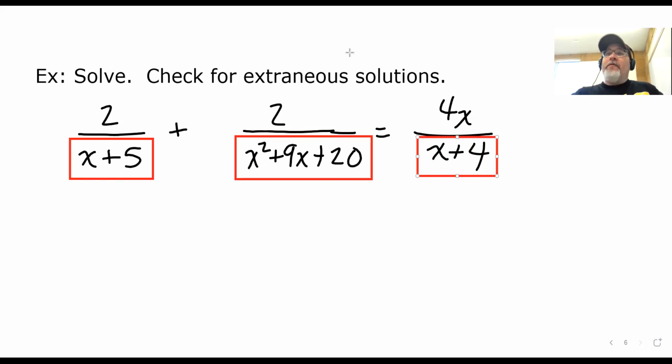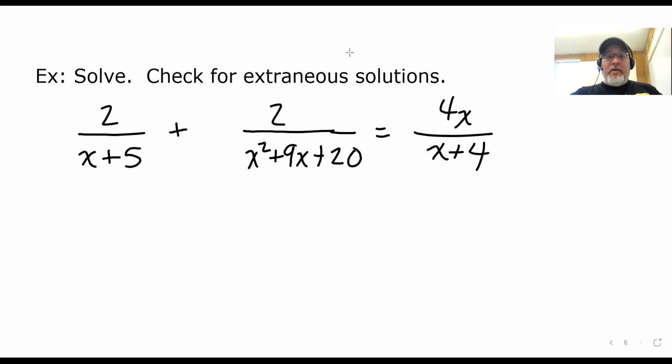And therefore, when you factor, you can expect some of the other denominators to appear. That's not guaranteed, but I've seen enough of these to know that this is a very common setup. Can you think of 2 factors for x squared plus 9x plus 20? Hint, we would need 2 numbers that add to give 9 and multiply to give 20. Well, that would be plus 5 and plus 4.